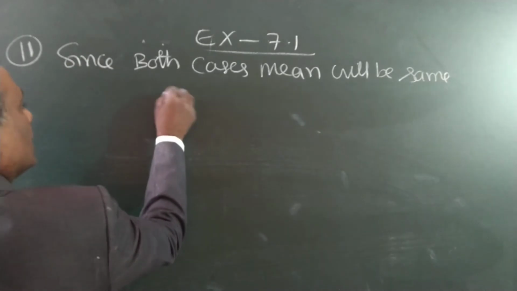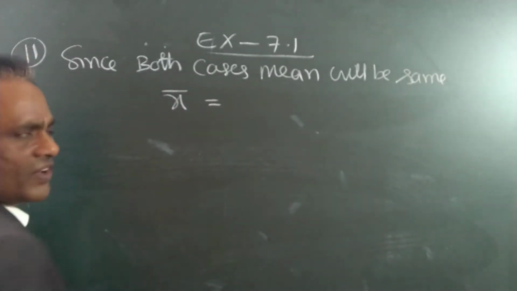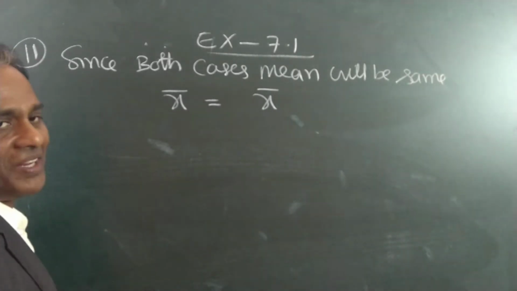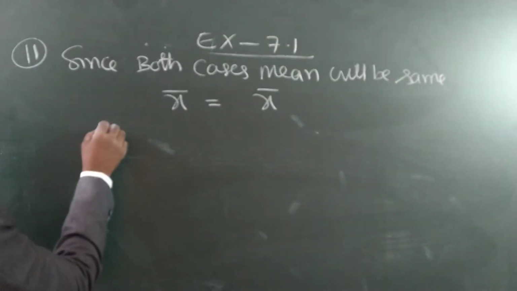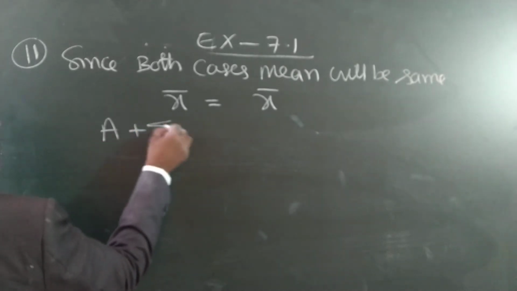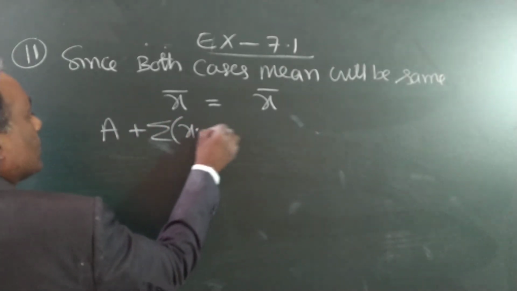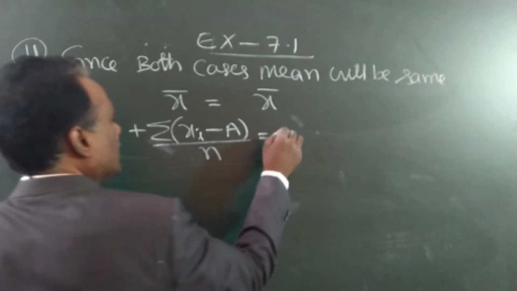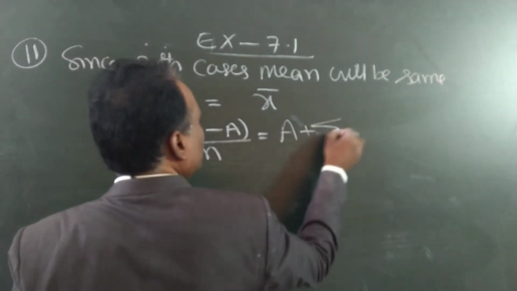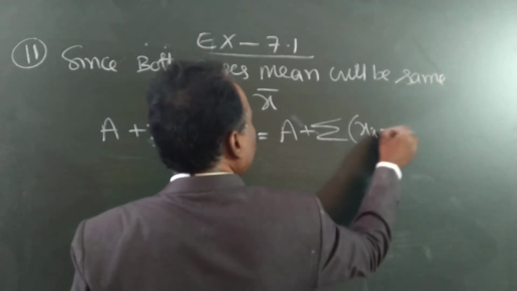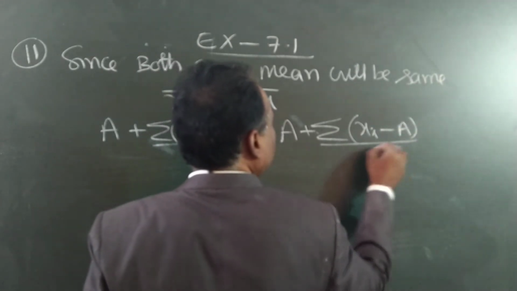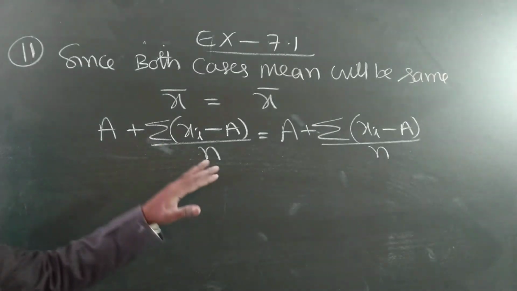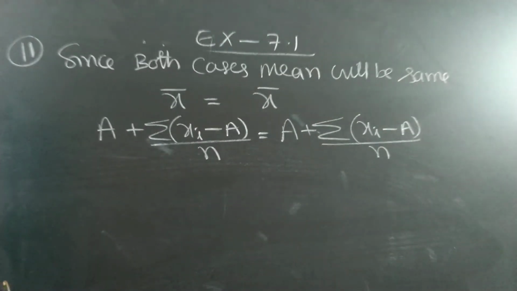First time mean, second time mean, both are equal. What is the mean formula from the deviation method? A plus sigma xi minus a by n. This is the mean formula from the deviation method or assumed mean method.